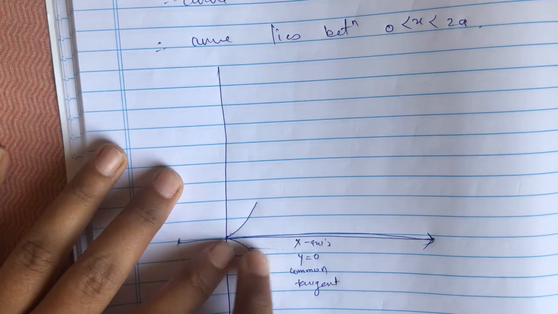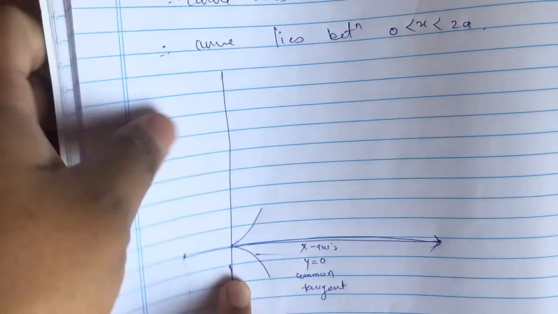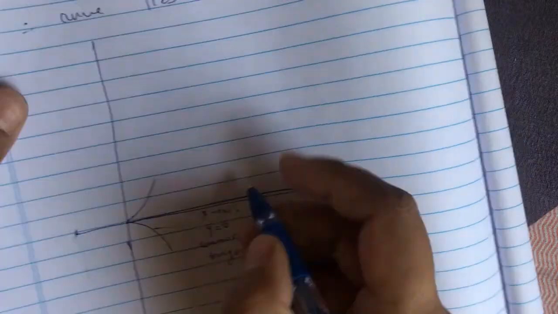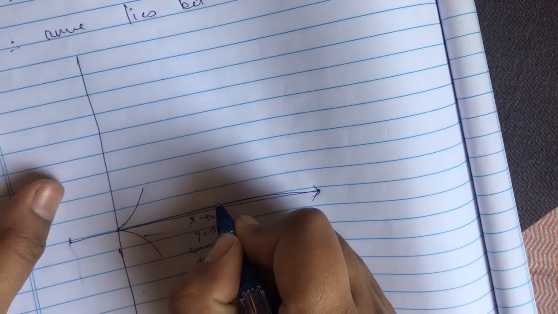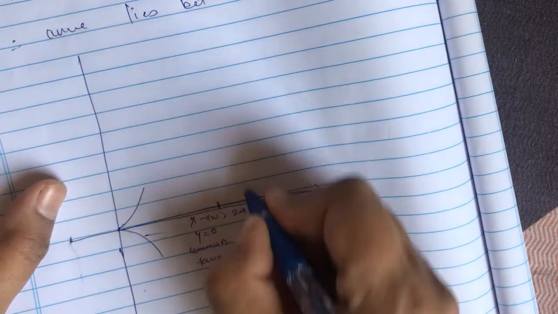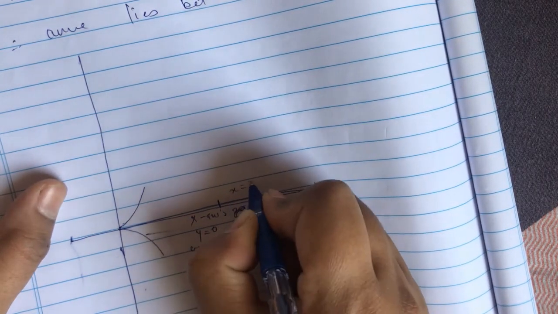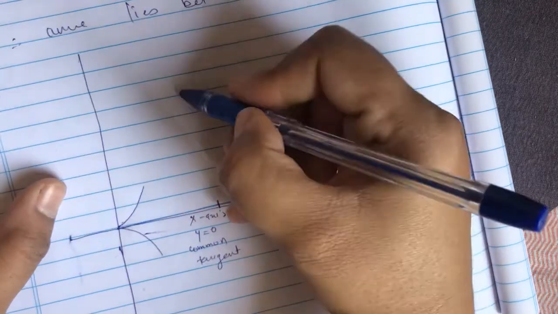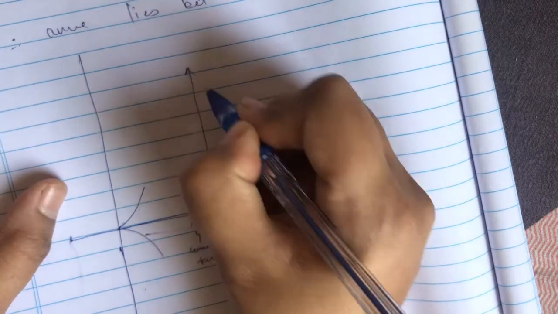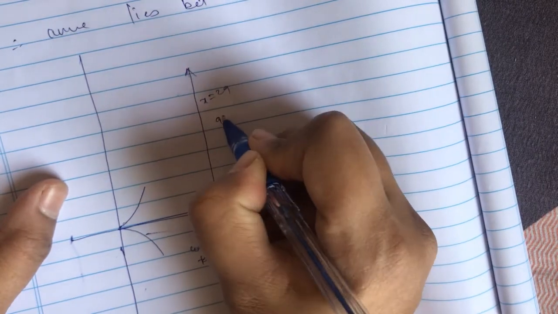Asymptote parallel to y-axis. What is the asymptote we have got? X equal to 2a. So x equal to 2a is the line passing through x-axis and parallel to y-axis. Okay, so this is x equal to 2a, which is asymptote.